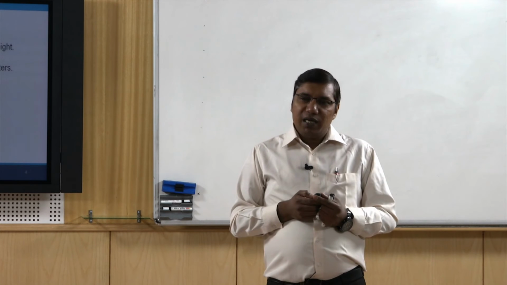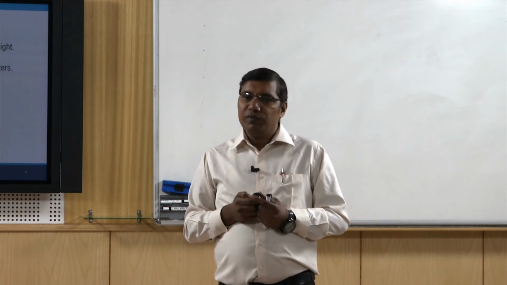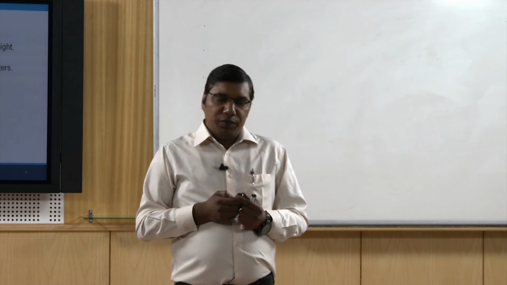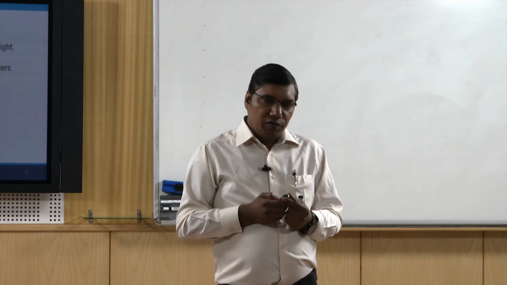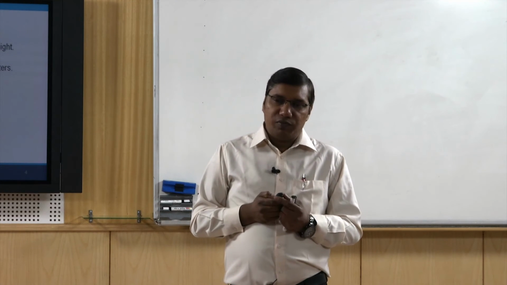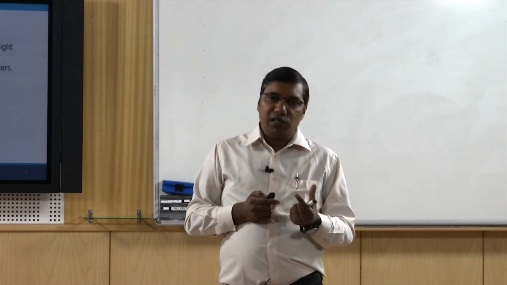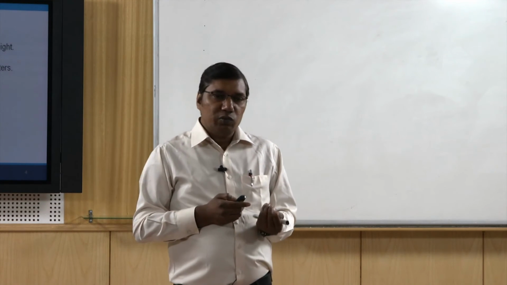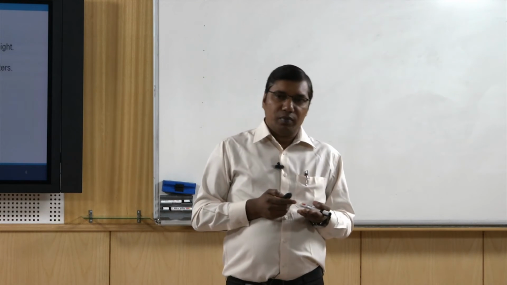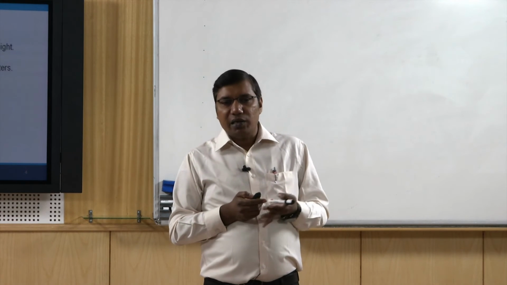When we say critical speed, usually when we talk in terms of frequencies, we say that when the natural frequency of the system is near to the excitation frequency, it is the critical condition.